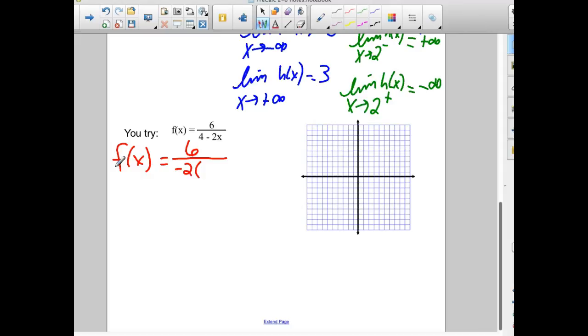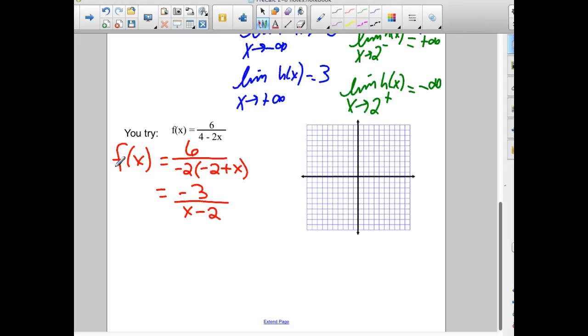And we want this to look like it's x plus or minus the number. So if we factor a negative 2 out, we're going to get negative 2 plus x. Now, can we reduce that 6 and that negative 2 that are outside? Yes. It becomes negative 3 over, and then can I just flip these two around and write it as x minus 2?